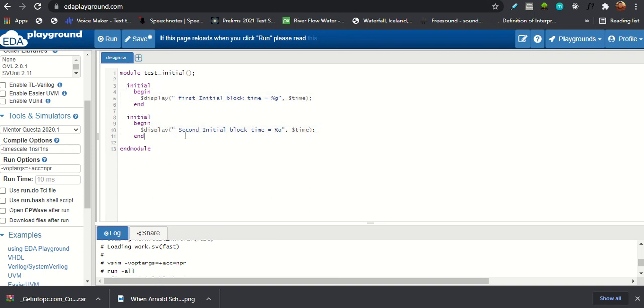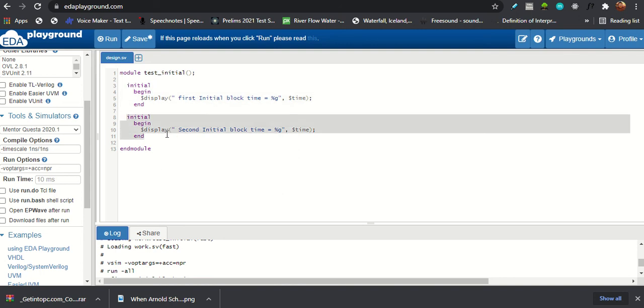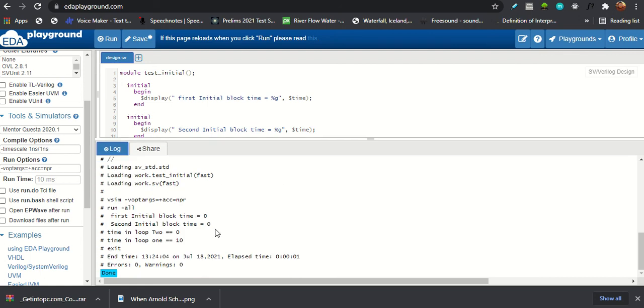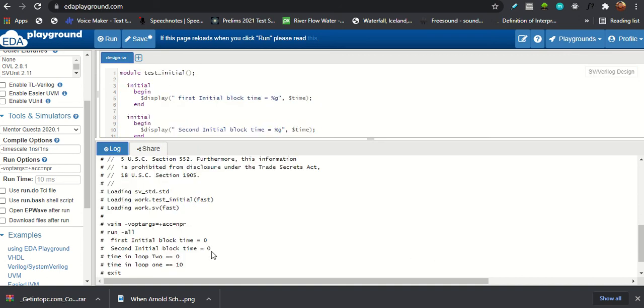It is not like that. These are parallel threads. Every initial statement is a parallel thread inside the module. That's why these two statements executed at the same time, and the time is already given here.